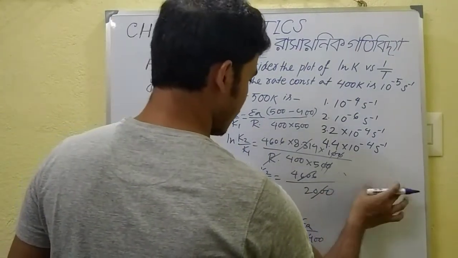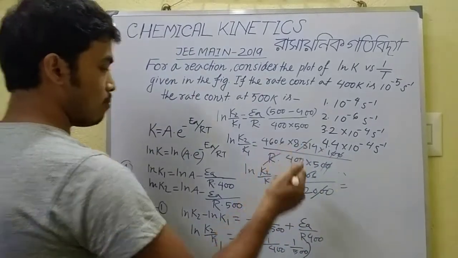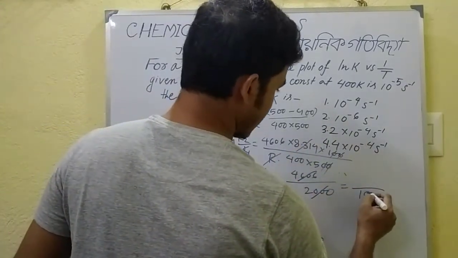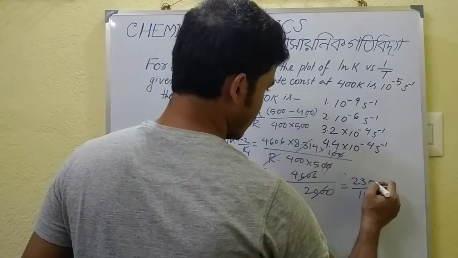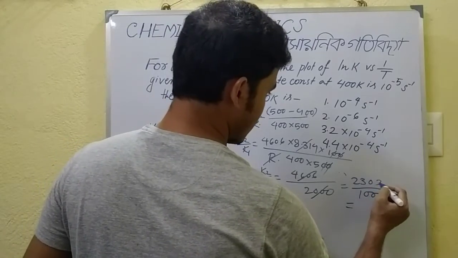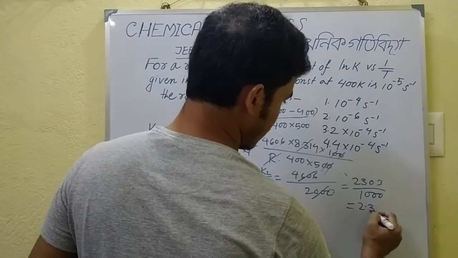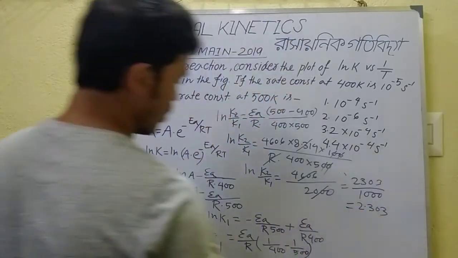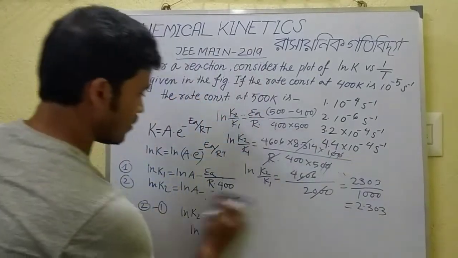So you just divide the numerator and denominator by 2, and you will remain with 1000, and the above term will be 2303, so 2.303. Okay, so we have the value here.